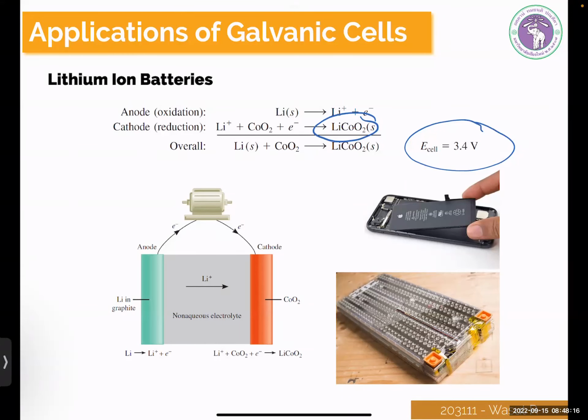That's why this thing is very lightweight. You can carry this around. Imagine if the battery of your phone is made of lead, you can't even lift this phone. It will be very, very hard to use. Okay, lithium-ion makes all these devices lightweight.